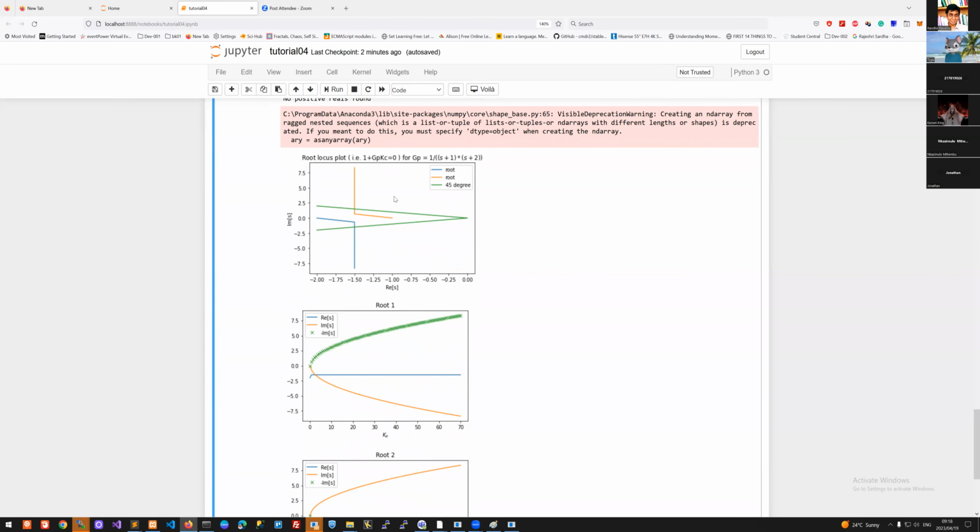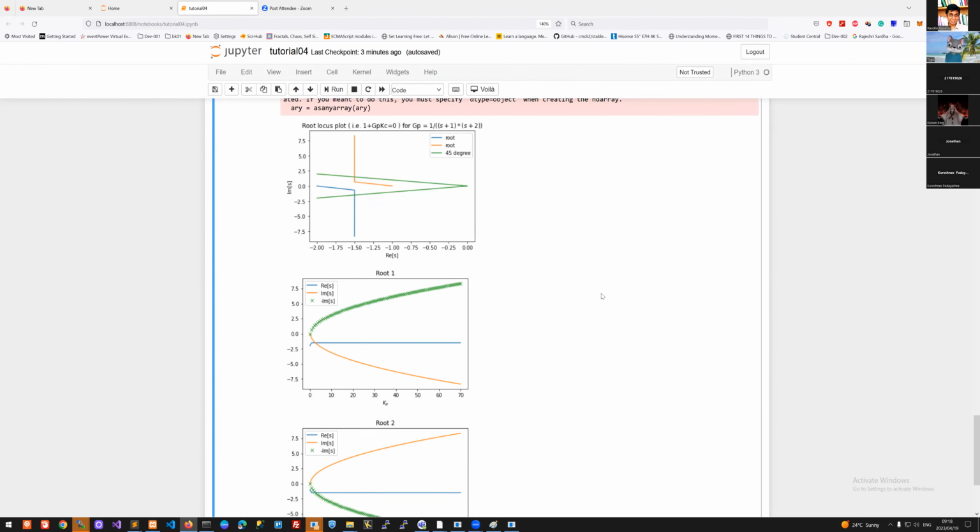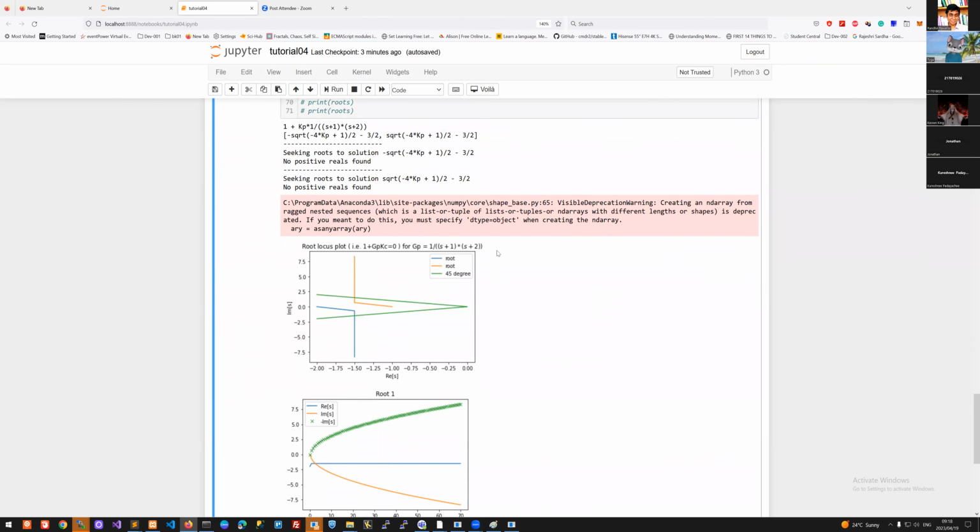Before we only had one root, so we were talking about one plot. Now we've got a second root, so we need another diagram for that. And you can see here, the real part is still negative, so it's still stable, and we get oscillations. So that's what we expect in this case.